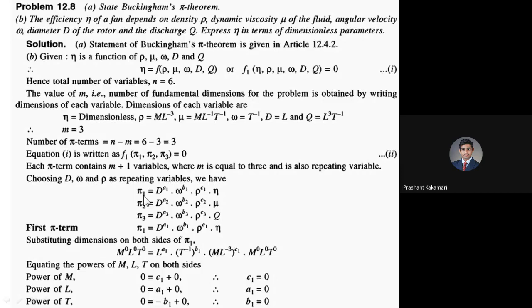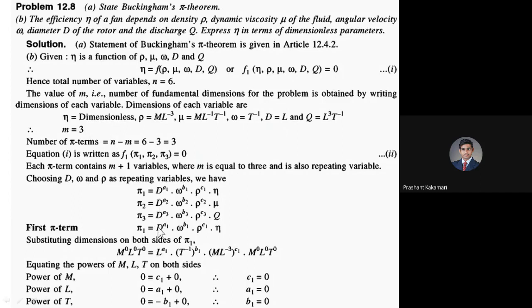Again go back to the steps of the Buckingham Pi theorem. Choose any one geometrical quantity. Geometrical quantity means we have only diameter, nothing else. The length, whatever is shown, is the fundamental quantity. We have only the diameter, so diameter we have chosen as one repeating variable.